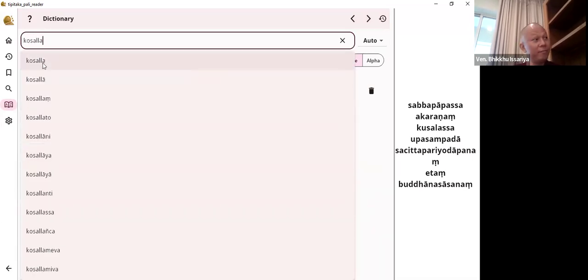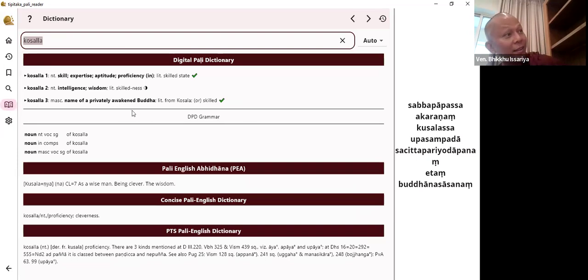So, Kausanla is skill, or a name of a person or something like that. But here you see, in the Pali English Abhidhana, Kusala plus Nia. That one is Taddhita, what you see: being clever, cleverness, or as a wise man.